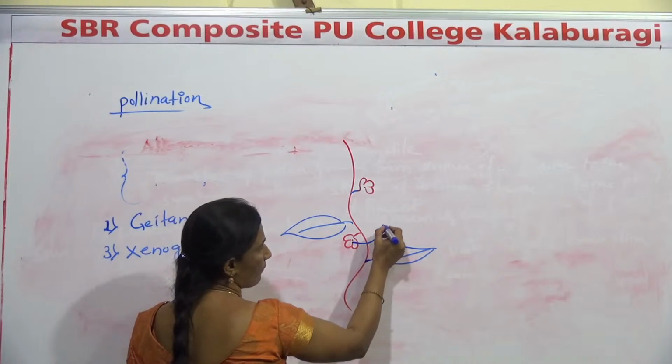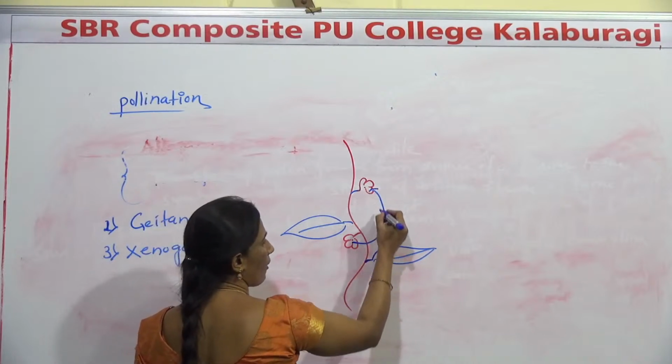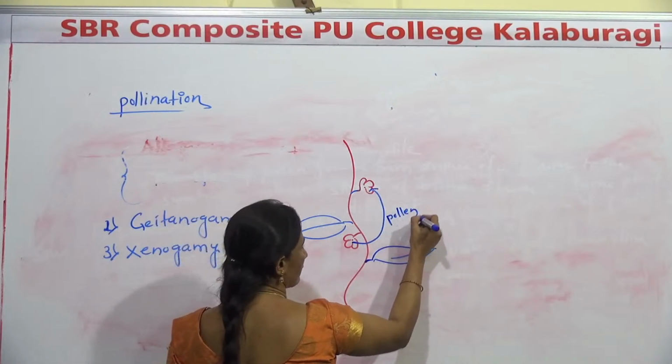Geitonogamy is the transfer of pollen grains from the anther of a flower to the stigma of another flower of the same plant.